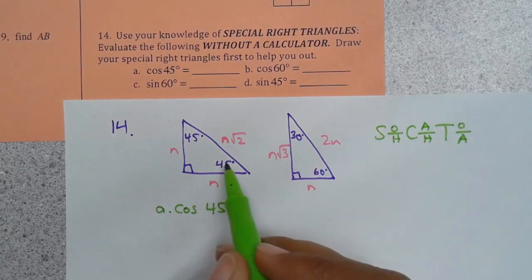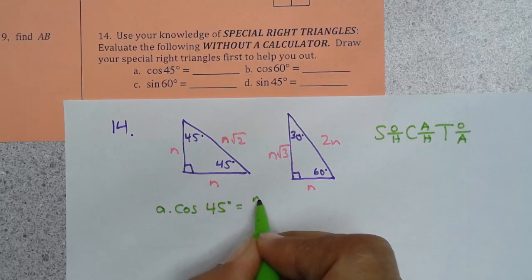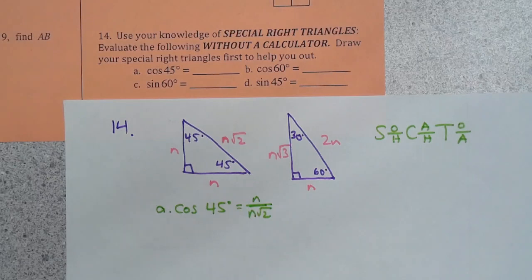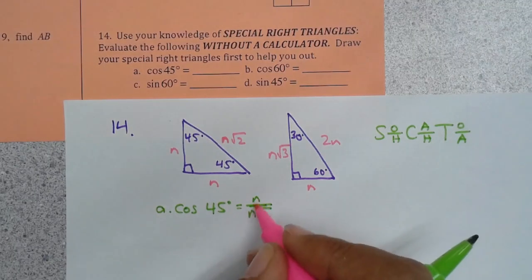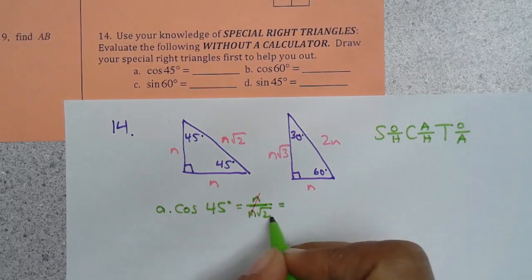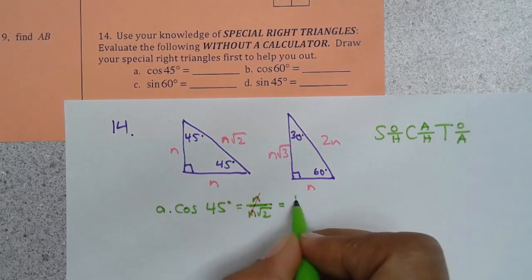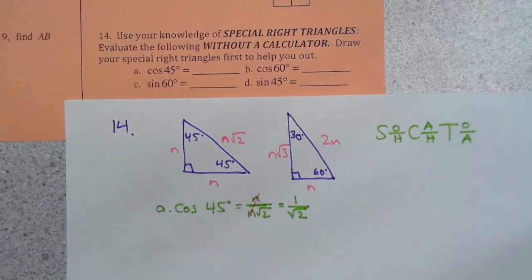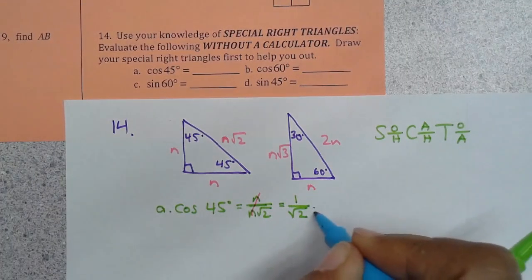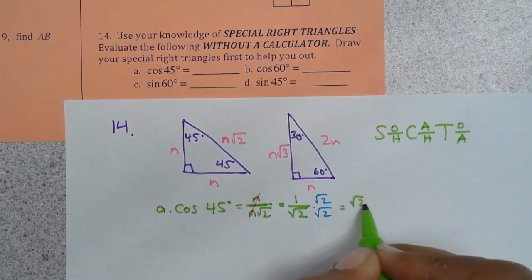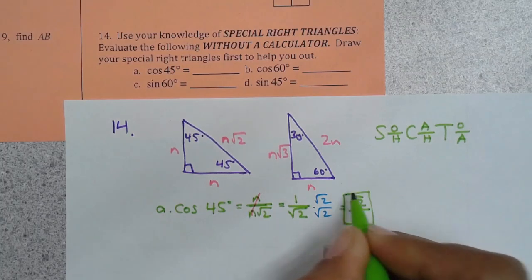So adjacent is n over the hypotenuse, n root 2. Well, the n's cancel. It's not just root 2, because root 2 is in the denominator, so it's really 1 divided by root 2. But you can't have a radical in the denominator, so we have to rationalize this and multiply by root 2 on top and bottom. That gets me root 2 over square root 2 times square root 2, which is 2. So that's cosine of 45 degrees.